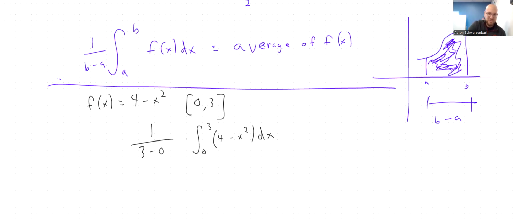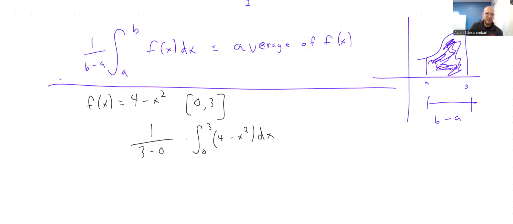It automatically fills my, and then I have to make this a dx. I do have to tell it which variable to integrate for. Hey, that's 1. Does my function ever take its average value? Yes.